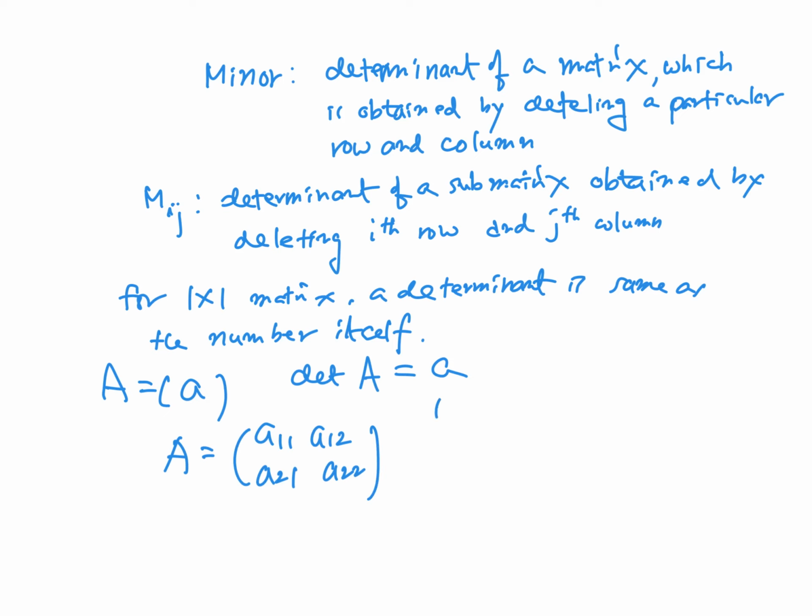The minor M11 is the determinant of the matrix obtained by deleting the first row and first column, so deleting this and this. In that case, M11 is A22.